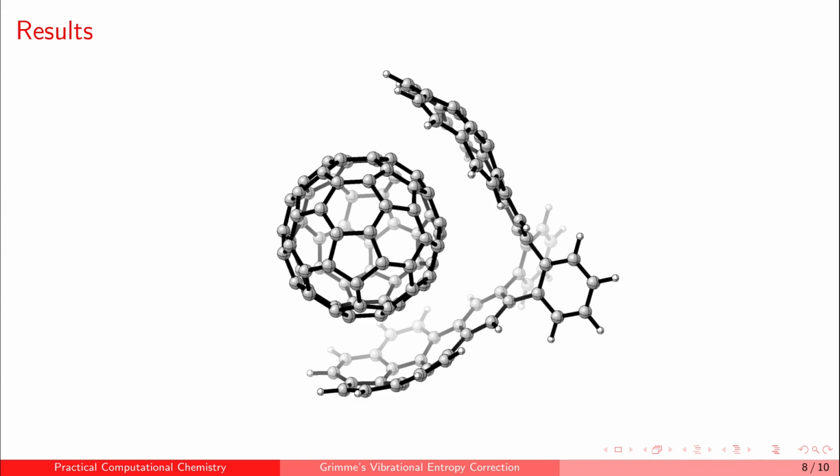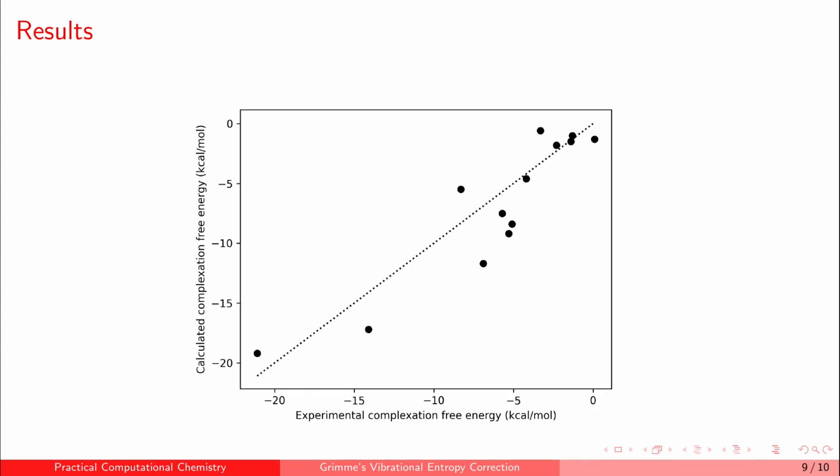In computing the free energies, he used his new correction to avoid the errors from the low frequencies. Here I've plotted the results, and we see a quite good correlation considering the size and complexity of these systems, and of course the limitations of the computing power. Since these adducts can be very large, the calculation time must be quite significant.